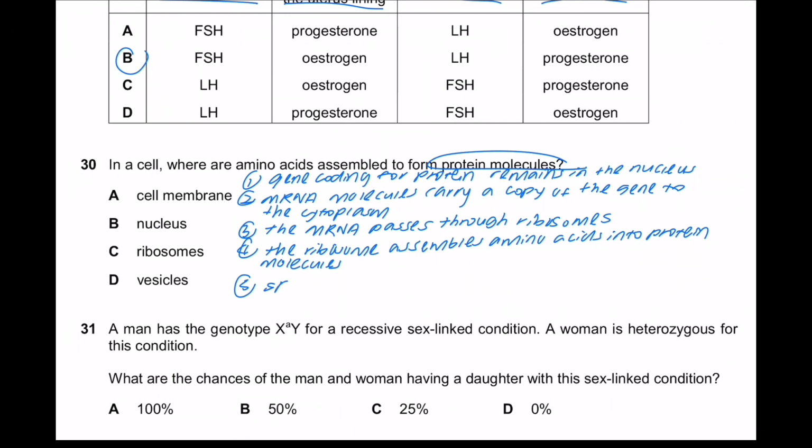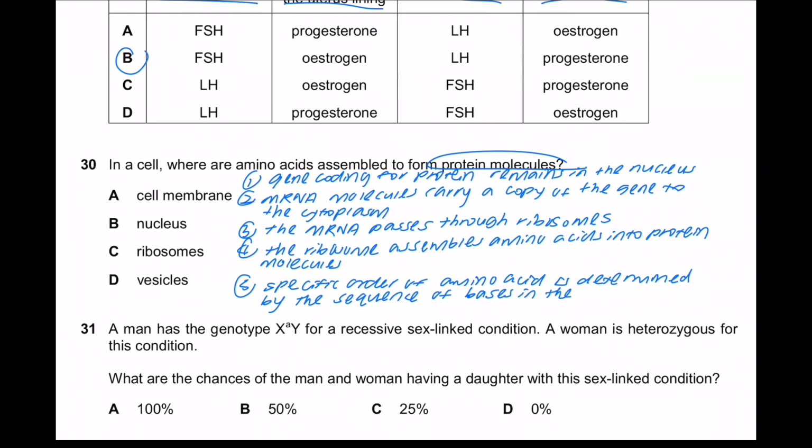And the specific order of amino acids is determined by the sequence of the bases in the mRNA. So the answer for this question would be ribosome, which is C.